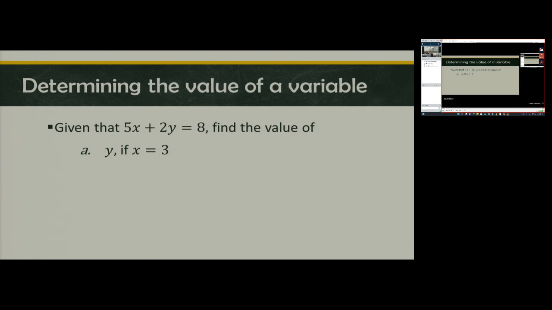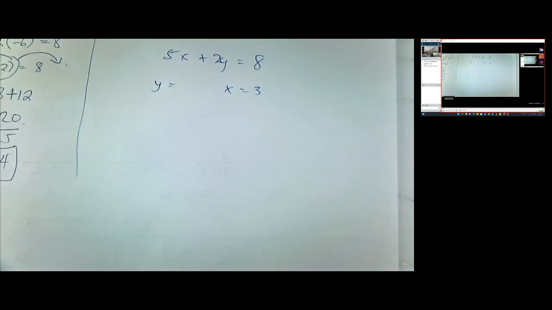Find the value of y when x is equal to 3. Let me show you here. Okay, again, 5x plus 2y is equal to 8. What would be the value of y when x is equal to 3?